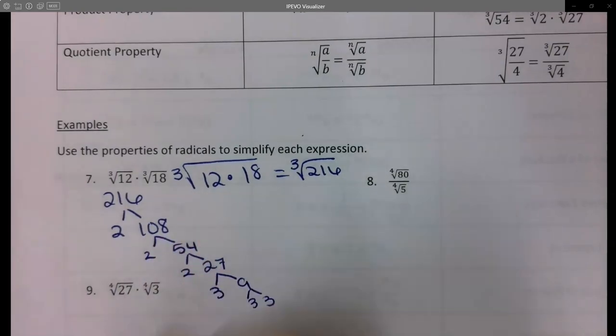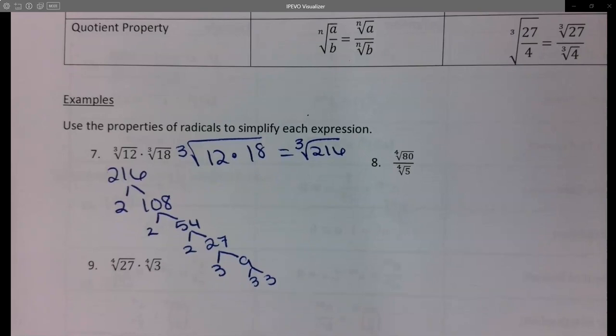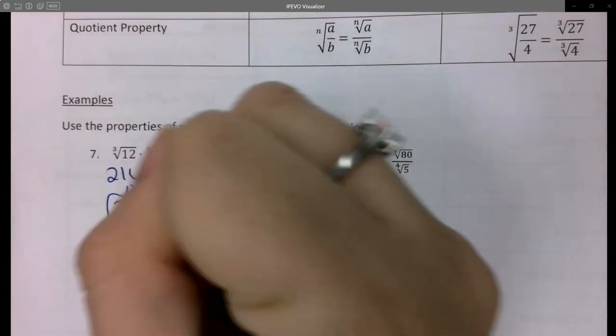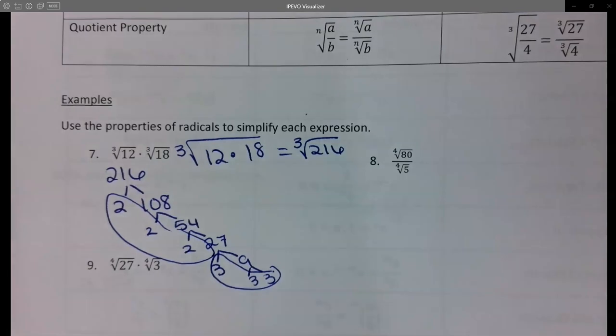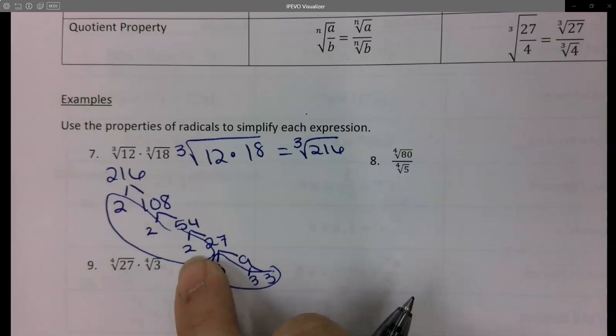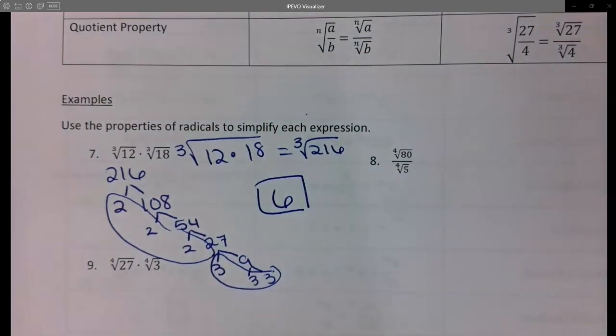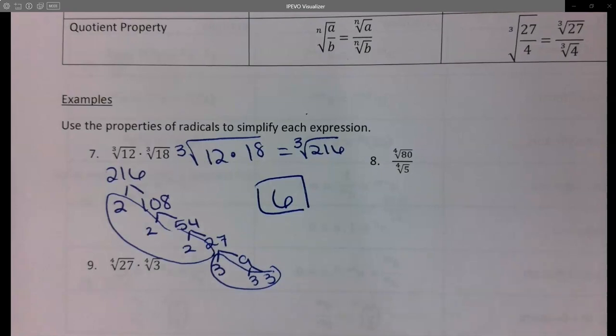And 9 gives me 3. So I'm looking for groups of 3 here. I have 1 and 2 numbers that have groups of 3. I'm going to take 1, 3 and 1, 2 and multiply them together to get 6. I have nothing left over at my branches, so nothing goes inside a radical.